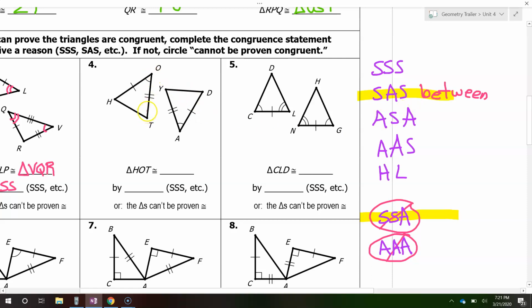If the angle had been like over here, then it would be side, side, angle, and we would circle triangles can't be proven congruent. But it was side angle side. So triangle HOT is congruent to triangle what? Well, we have angle H over here, and see how angle H is between the blank side and the single.